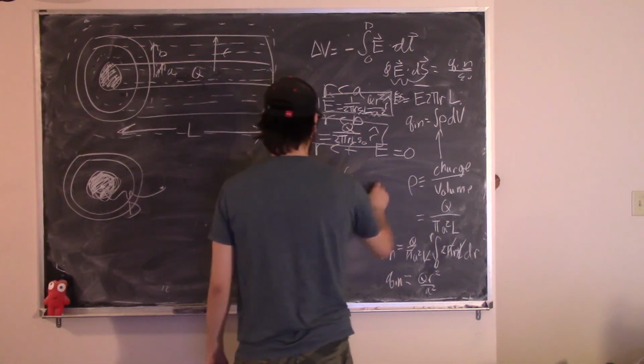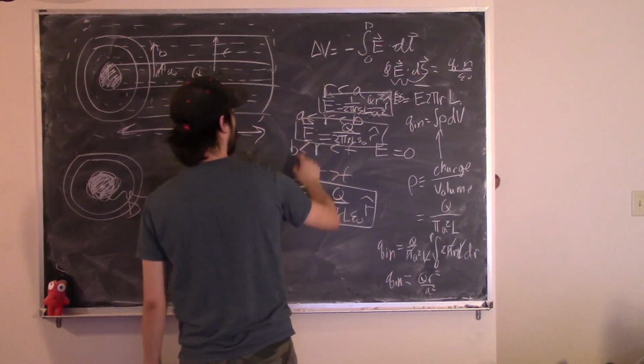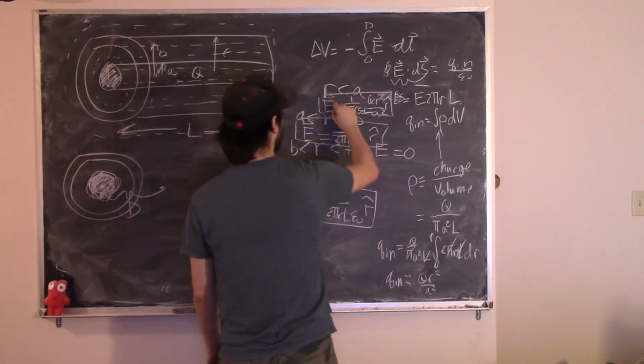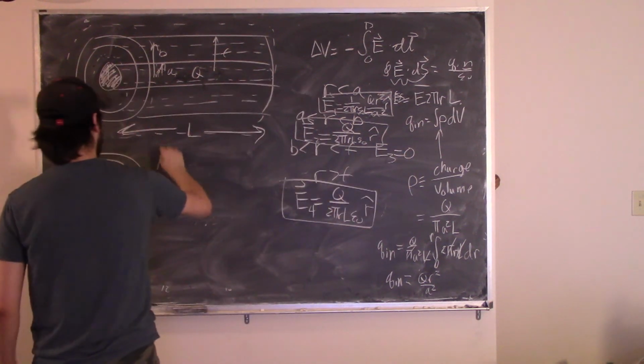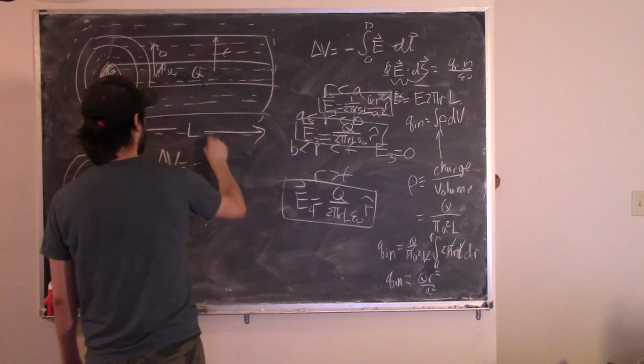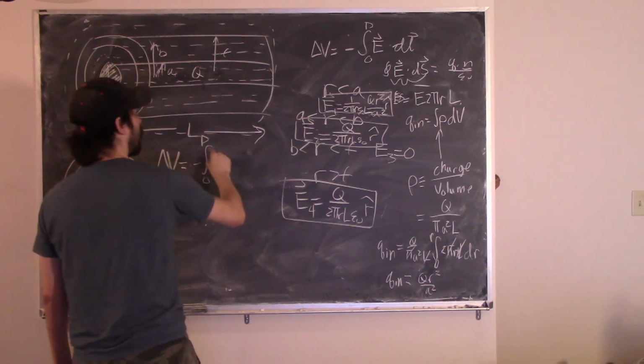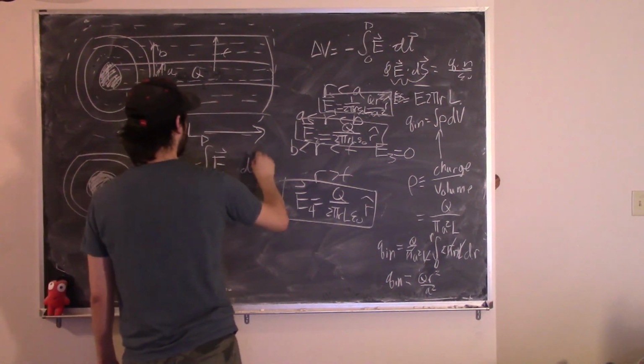So now I have my electric field in all of these regions. Call this one E1, call this one E2, call this E3, call this E4. Delta V is going to be equal to the negative integral from 0 to d of E vector dot dl.